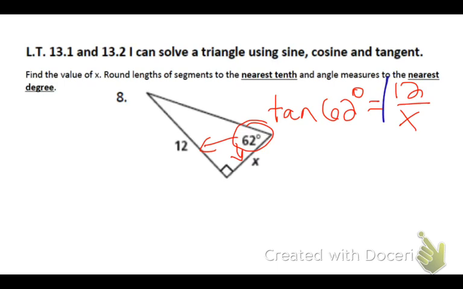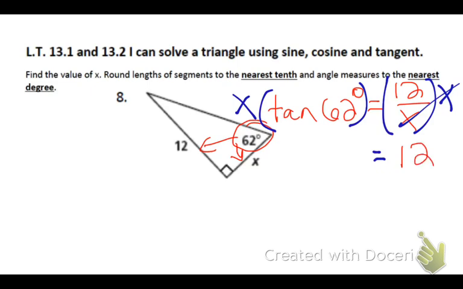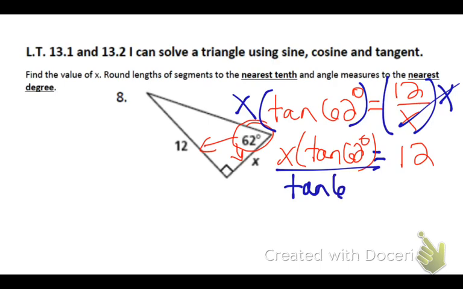This is again a two-stepper, so we're going to multiply by x first. That's going to cancel it out on the bottom. Then we're going to have 12 on the right-hand side, x times tangent of 62 degrees. And then we're going to divide by tangent of 62 degrees.